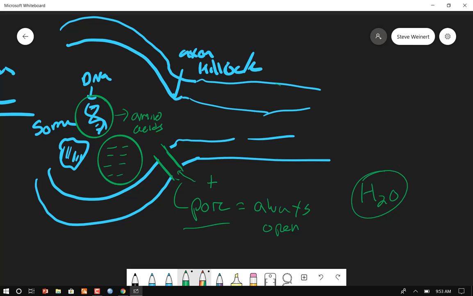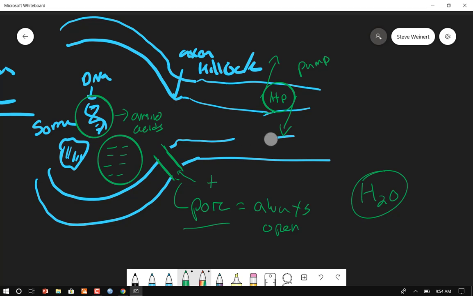So I'm going to draw something which is very complicated. This is called a pump. So the way that this pump works, I'll fix this drawing a little bit.